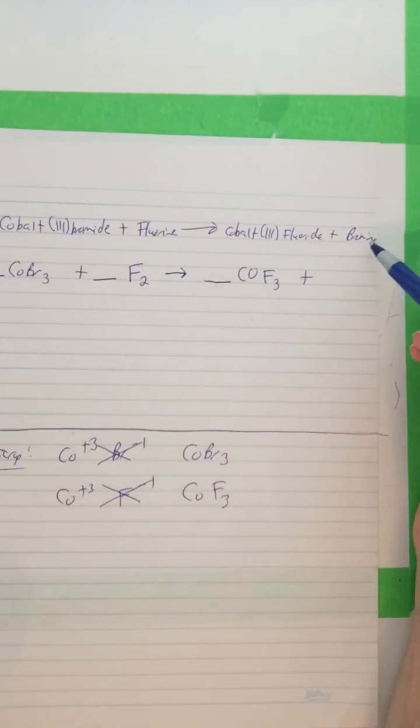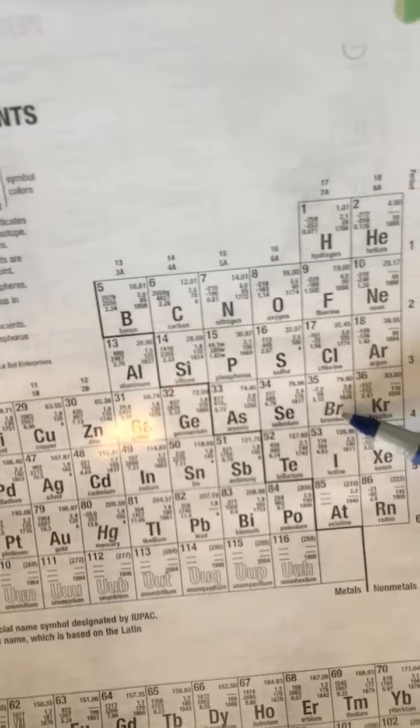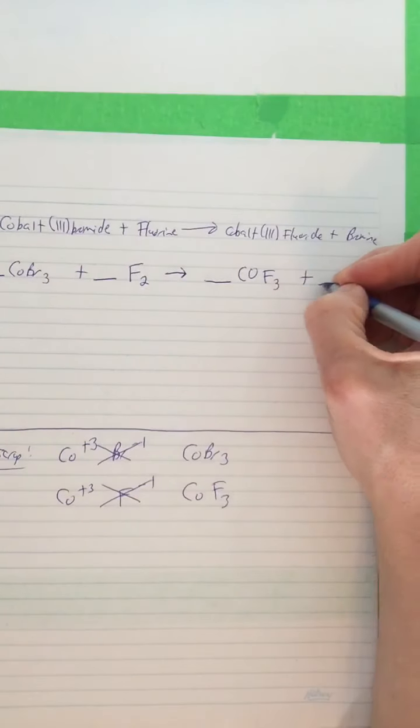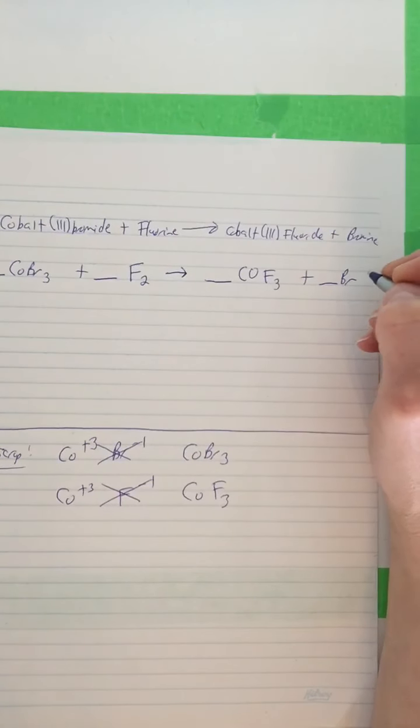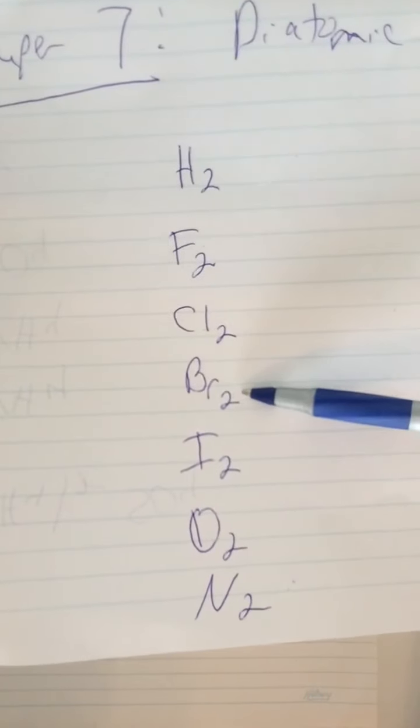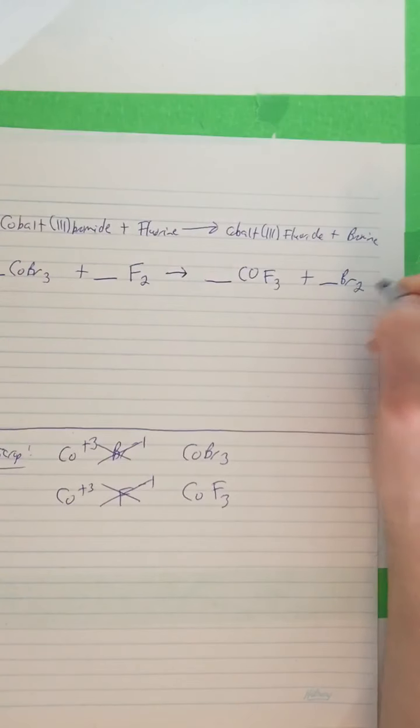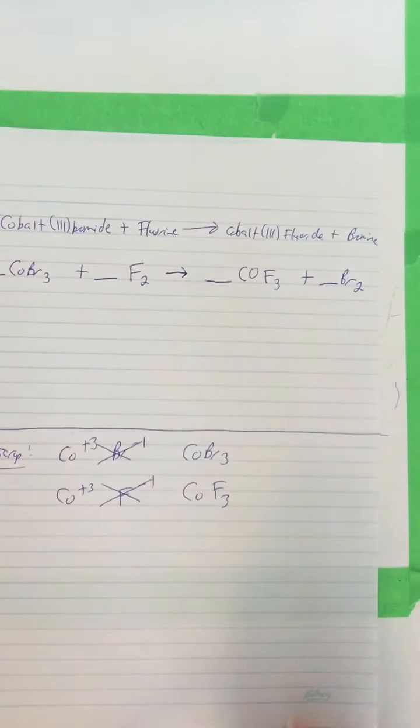Bromine is an element by itself, not using the charges. I can see it right here. It's just Br. Only thing I have to look for is, is it one of my super 7? Is it diatomic? Yes, it is. Right here, it's a super 7, so it's Br2 because it's diatomic and it's always bonded together.